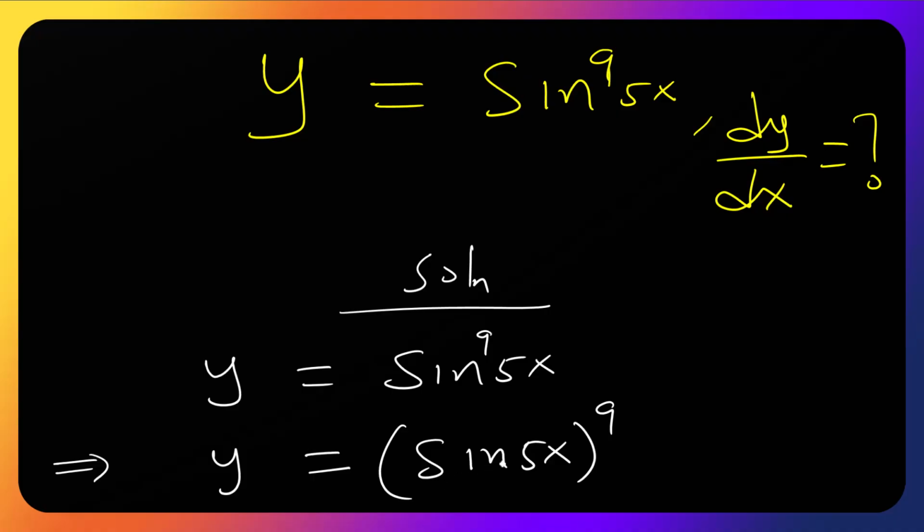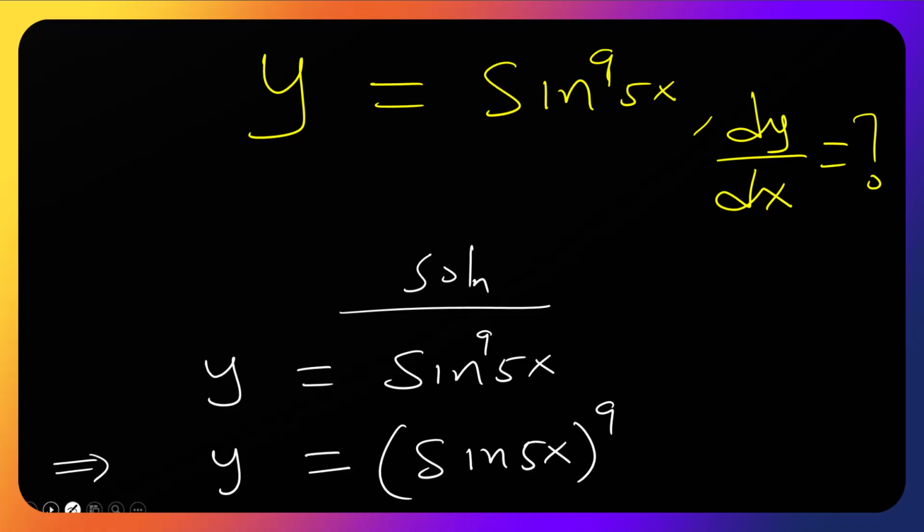Now from here, what we are going to do is substitution. So we are going to apply the chain rule formula. You introduce a new variable. We'll let a variable represent this.